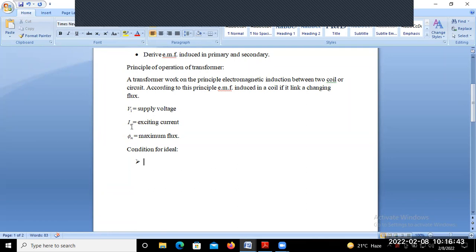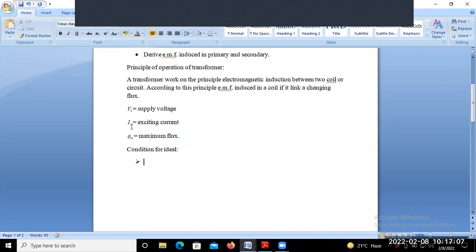And next point, whatever flux is produced in the primary coil must be linked to the secondary coil. That means no flux leakage takes place in the transformer. These are a few points we have considered for the ideal transformer.